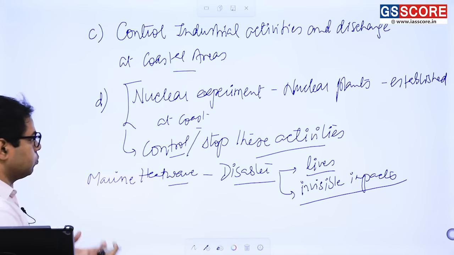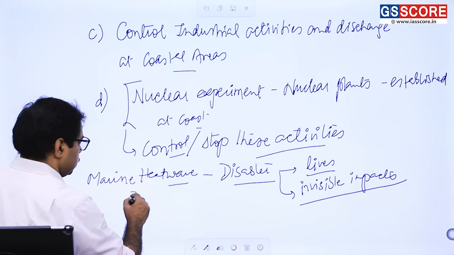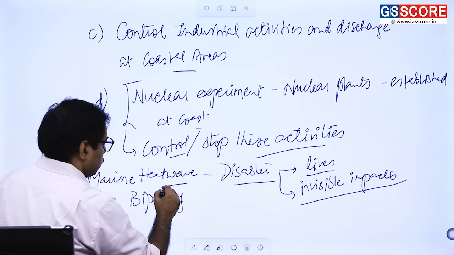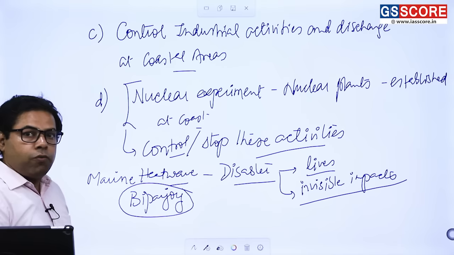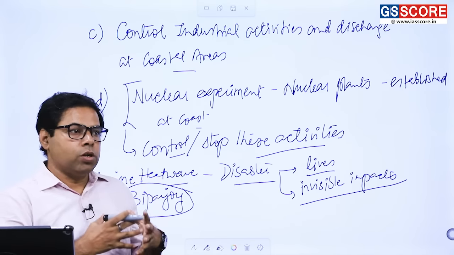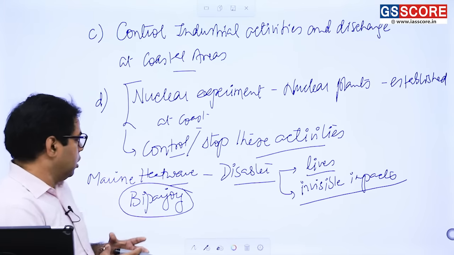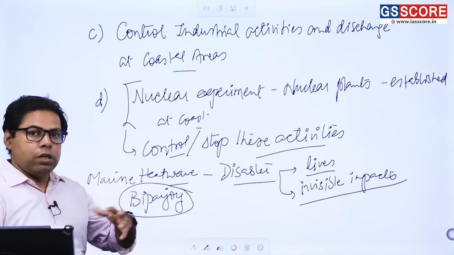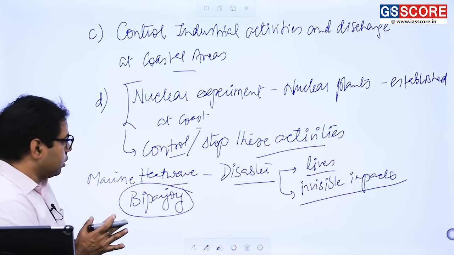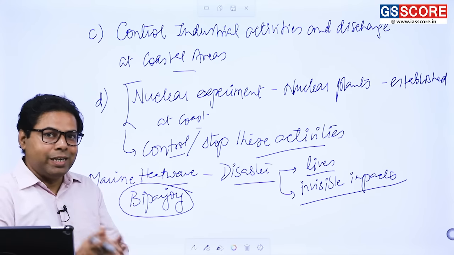The very small impact we have recently seen is in the case of Biparjoy. This Biparjoy has affected the monsoon system. Because of this cyclone, because of excessive heating of the sea surface in the Arabian Sea, it has affected the monsoon system also, and we can observe that the monsoon over the Deccan Plateau has been delayed.